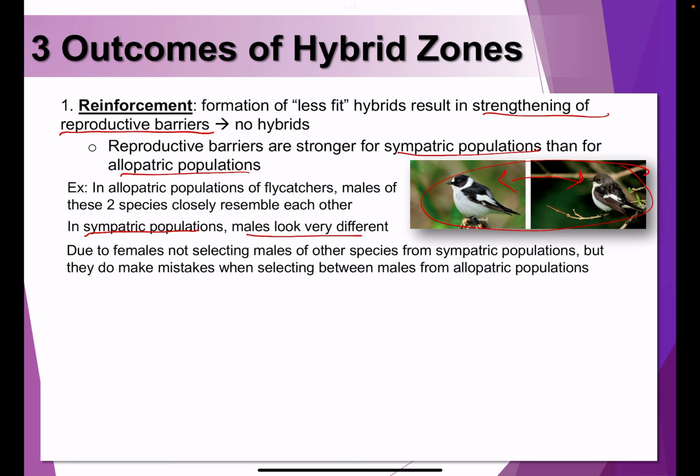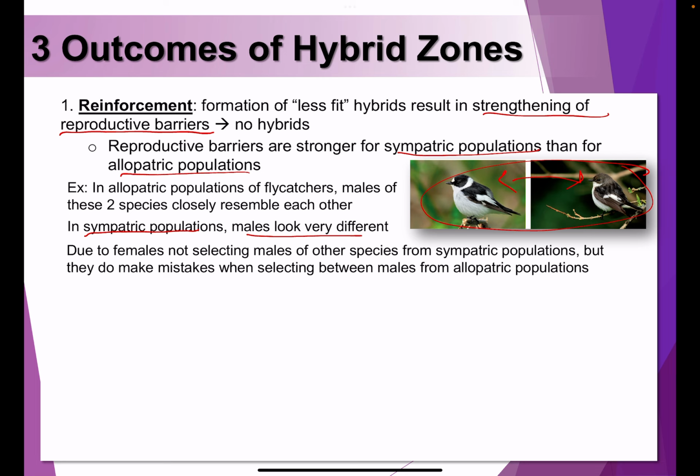Due to the fact that they closely resemble each other in allopatric populations, females do make some mistakes when they are selecting their males. Sometimes these different traits on the birds will also end up with the female selecting different mates, whether they select from this breed versus the other breed.